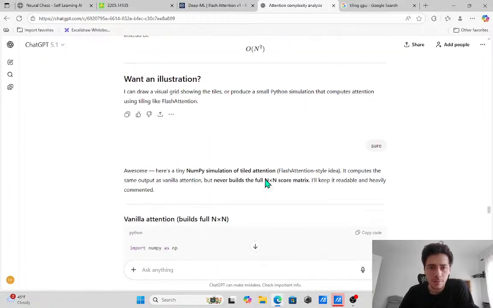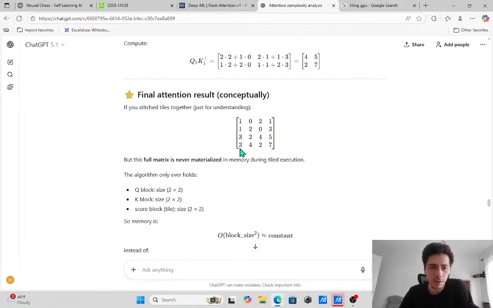Okay, so you tiled them together. So I guess at any point it's only holding a 2x2, and then at the end it's holding this.